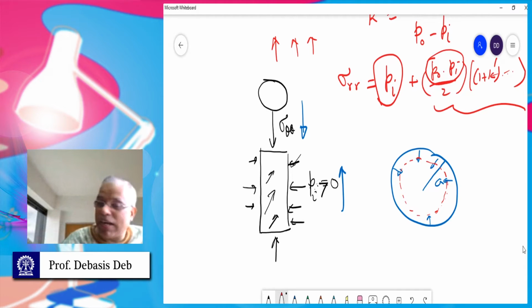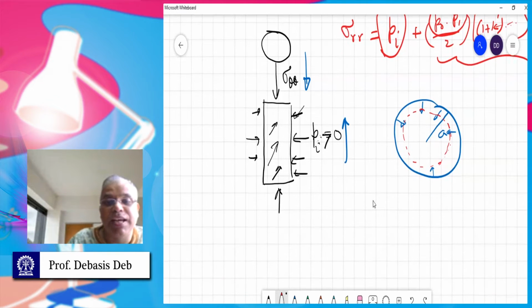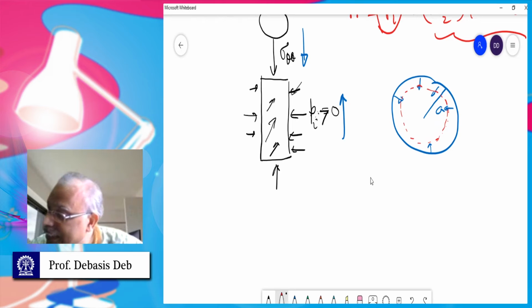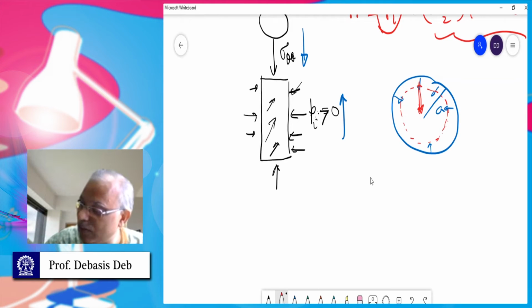So, what is the displacement we can expect for a circular tunnel? Now, the derivation is given in the book in an appendix. I'm just directly writing the equation here. This radial displacement, that means towards the center, we normally term as UR, the radial displacement.